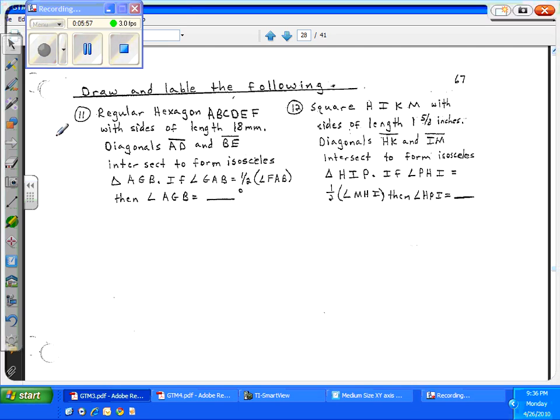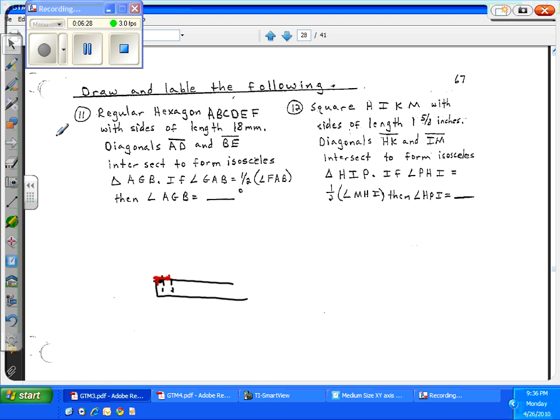Now, just to get you going a little bit, you would have a metric ruler, and the little marks like this are 1 centimeter and 2 centimeters. The 10 of those would be millimeters. A millimeter is about the width of a pencil lead. And so we would get 18 of those, which would be almost to 2 centimeters, and we'd make a segment.